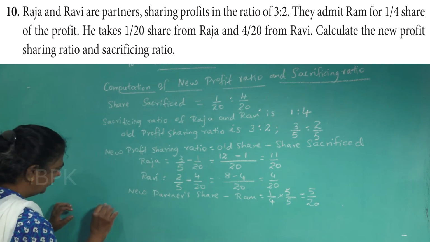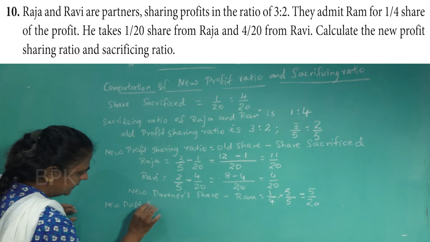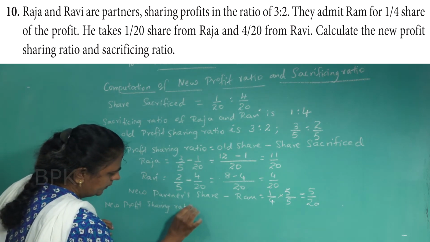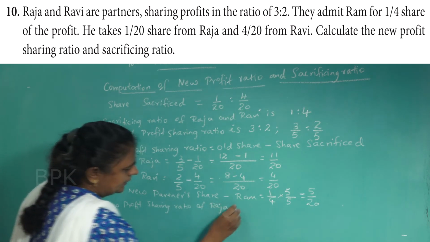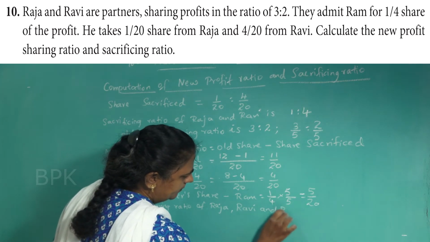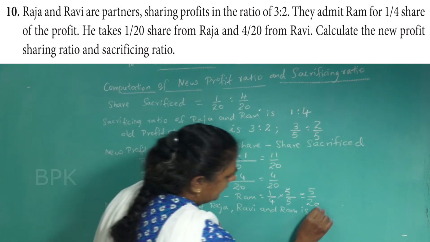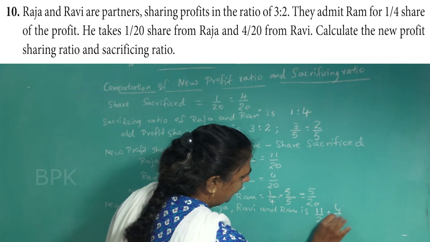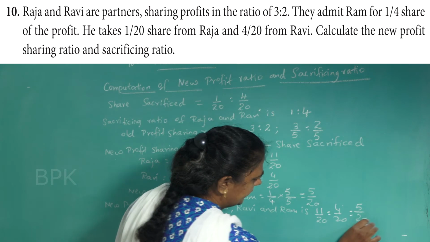Okay. New profit sharing ratio of Raja, Ravi and Ram is 11/20, 4/20, 5/20.